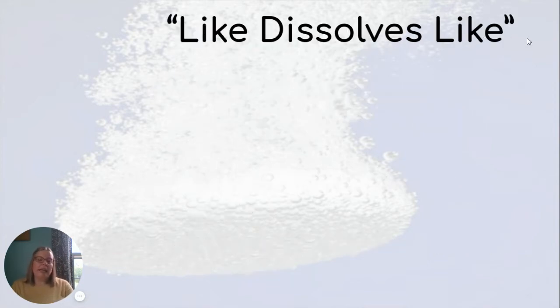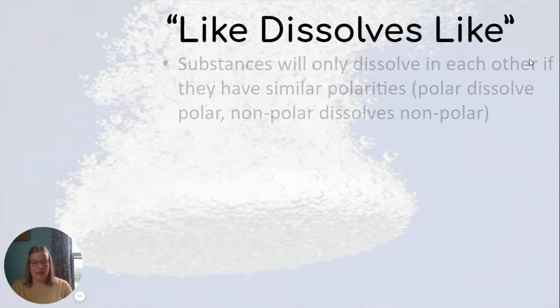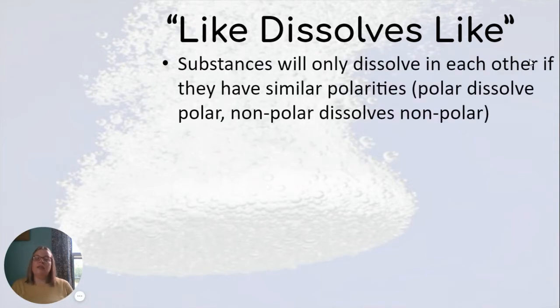So when we get into talking about how things dissolve, you've probably heard the phrase "like dissolves like." The general idea behind it is that substances are only going to dissolve in substances that are similar to them in polarity. So polar solutes are only going to dissolve in polar solvents.